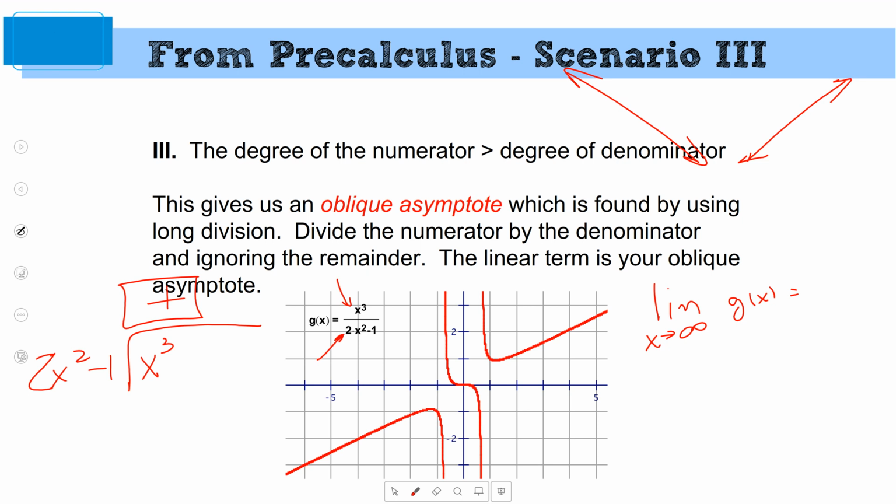If I go very far to the right, it goes very low downward. Right now we don't care about the picture. We just care about the value of the function. So in this case, I go very far to the right, I get infinity. I do the limit as x approaches negative infinity of g of x. We get negative infinity. Okay, so oblique asymptotes shouldn't matter.